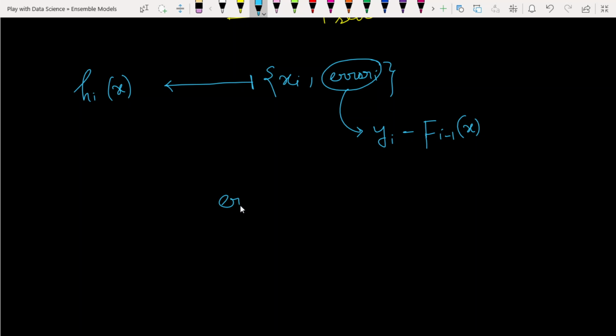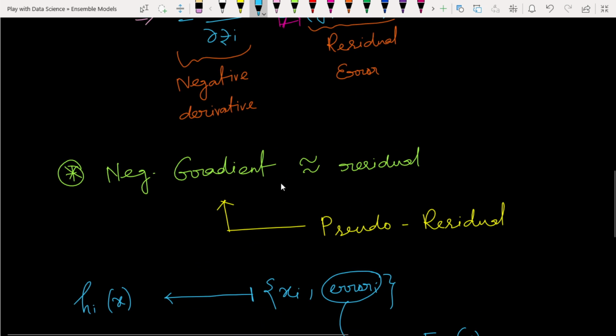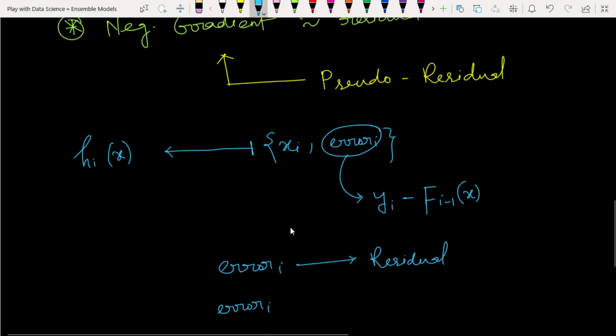So error i is simply the residual error, and error i is also the same as the negative gradient, meaning the pseudo residual.